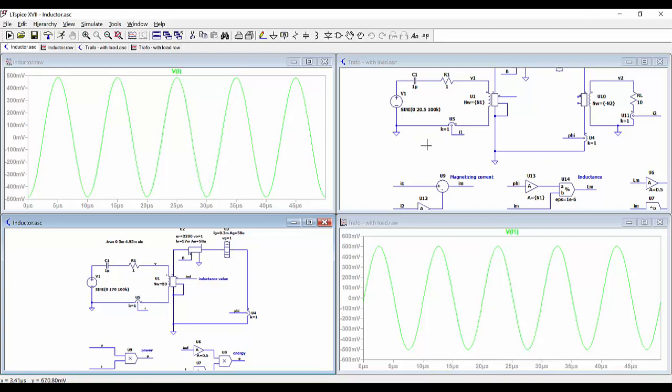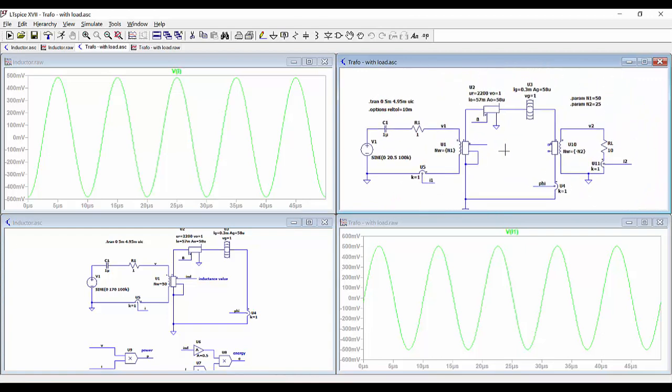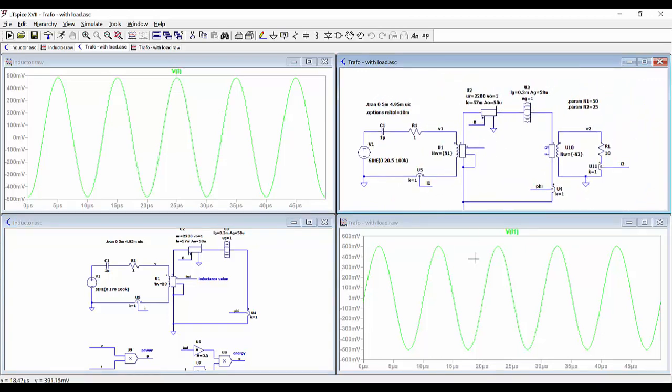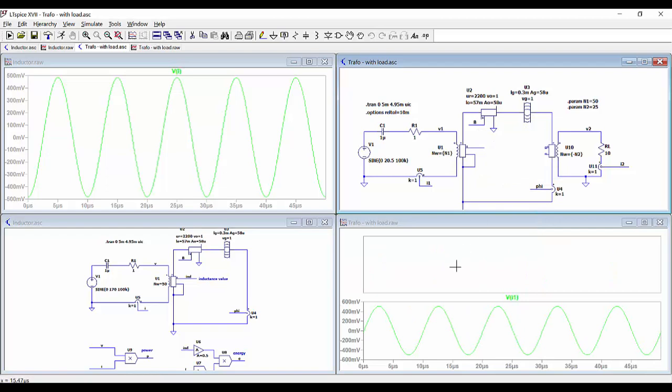Now we can compare the magnetic flux density in both cases. If we add here another pane and measure the magnetic flux density, we can see that here it is something below 12 millitesla.